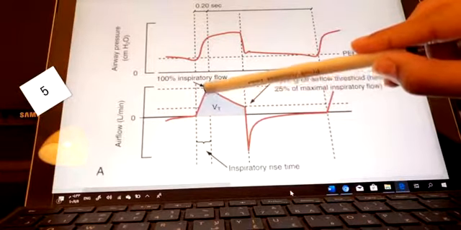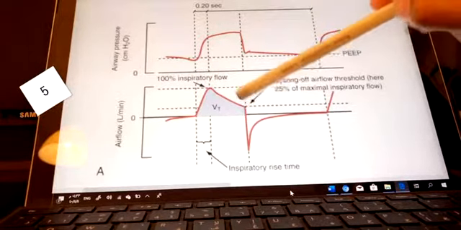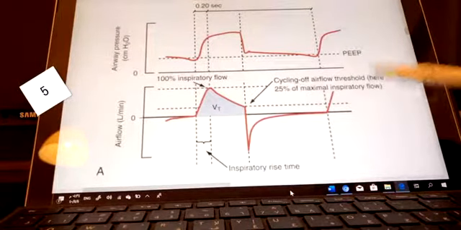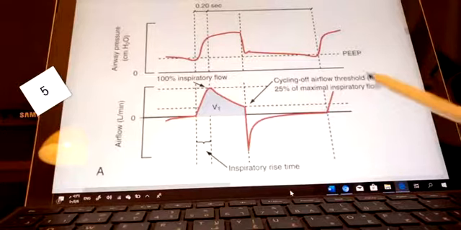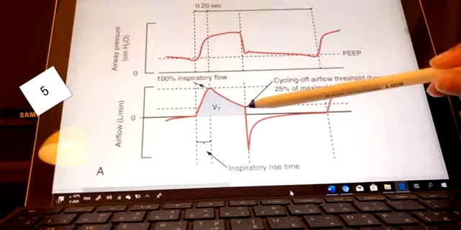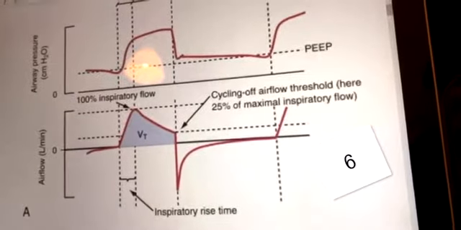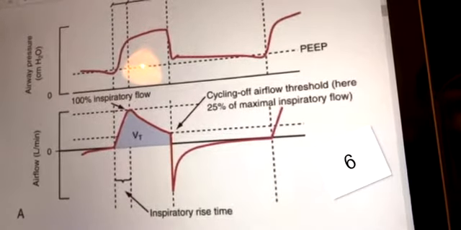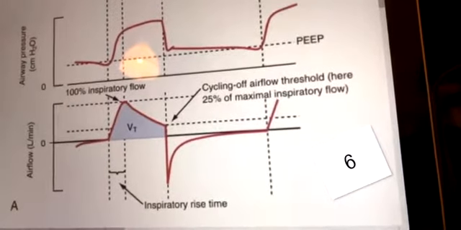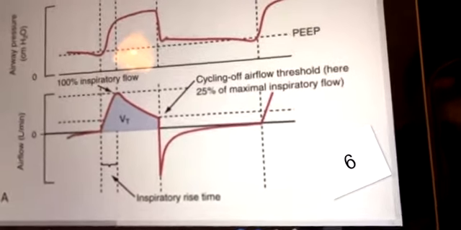After that, my inspiratory flow will stop when a certain threshold is reached, which is دائما يكون cycling off عند 25% of my maximal inspiratory flow. Once إن الفنتليتر وصلت عند هذه threshold of 25%, it will end the inspiration and start expiration. Then my expiratory phase will start and my PEEP will be applied in this phase. After that, we will finish a complete breath, inspiratory and expiratory phase, and so on.